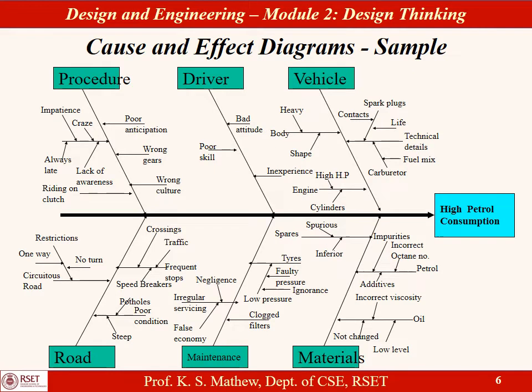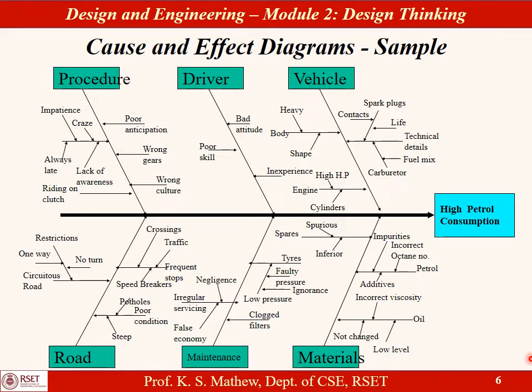This is a causal analysis done by an automobile company. There was a complaint for one of the cars introduced by the company. The problem was high petrol consumption. So the company wanted to identify the root cause of the problem so that they could resolve it.